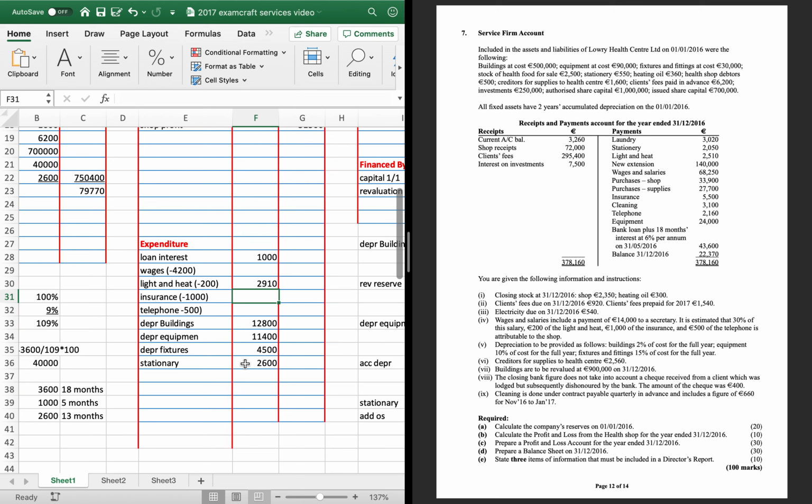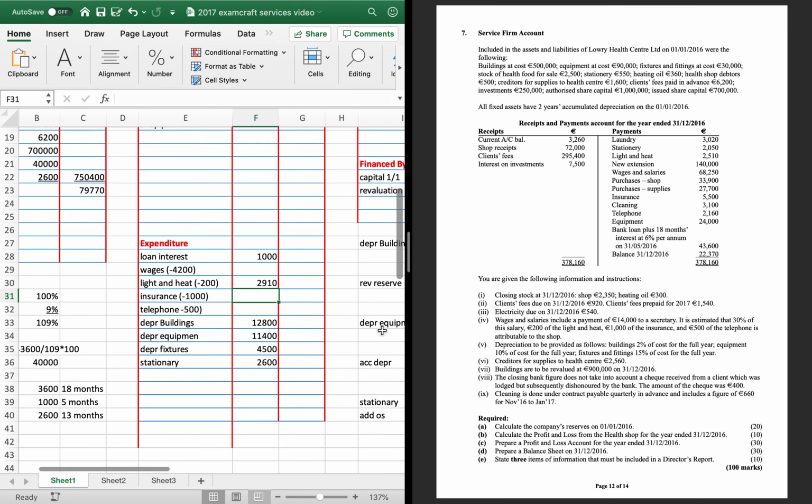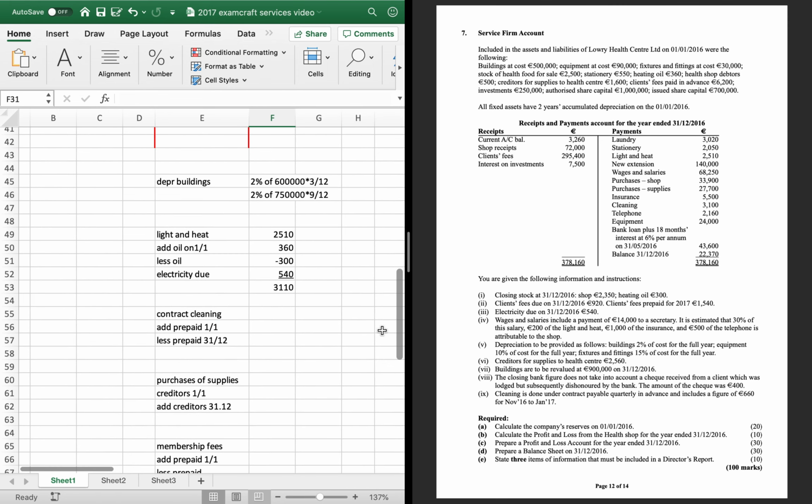And again, tick them off, they're all dealt with. Health shop for the debtors, that's ticked off. We've put that in our sales. Creditors for supplies to the health centre. So that's our next one, purchases of supplies. Down here, we've got purchases of supplies, 27.7. Included in this 27.7 is this money that was owed from last year.